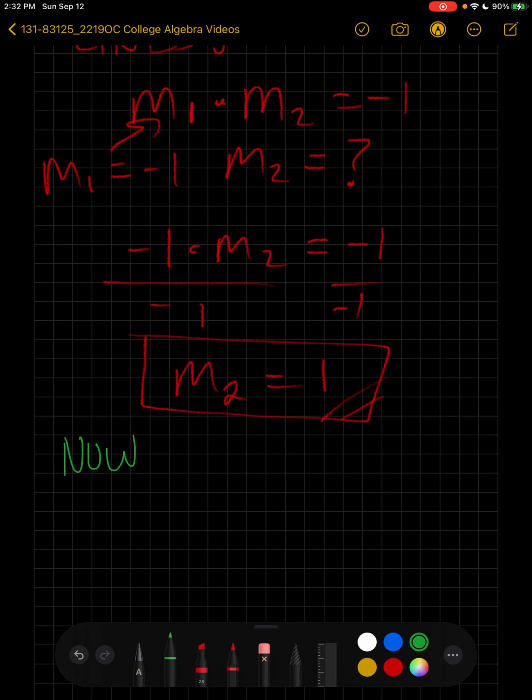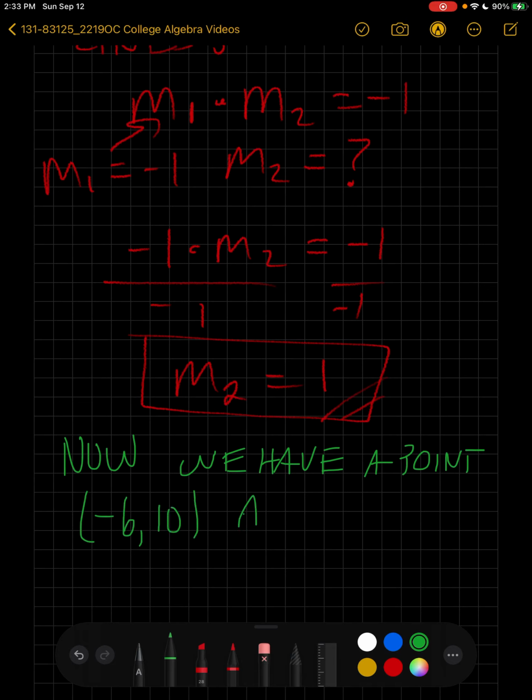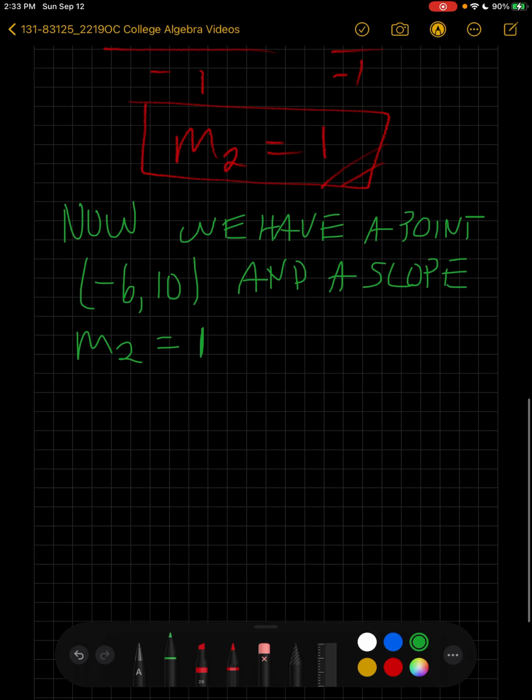So now we have a point that they gave us in the problem, negative 6, comma 10, and a slope that we figured out ourselves by remembering the definition of perpendicular, M2 is equal to 1.